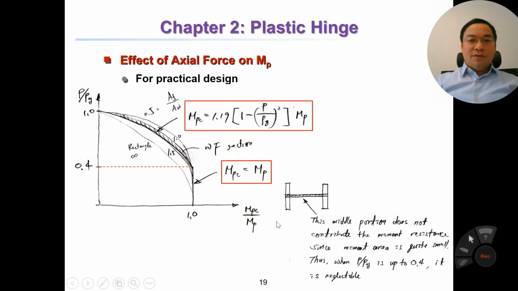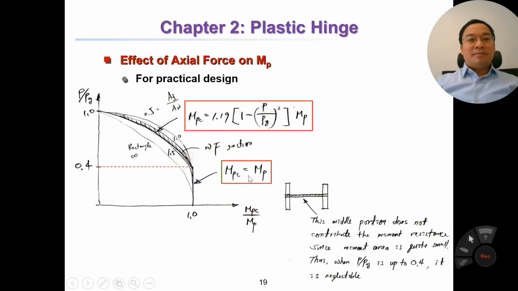But if this ratio is greater than 0.4 and of course smaller than 1.1, then the approximation equation MPC equal to this is used. So the two equations are used for practical design of the I section in case of weak axis bending.